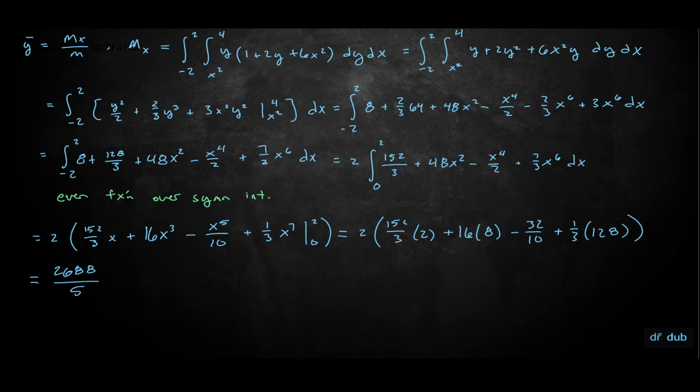So I think I made a mistake somewhere. I think the correct answer should be 11,136 over 35, and that is not what this number comes out to be. So I've made a mistake somewhere. Let me just double check.